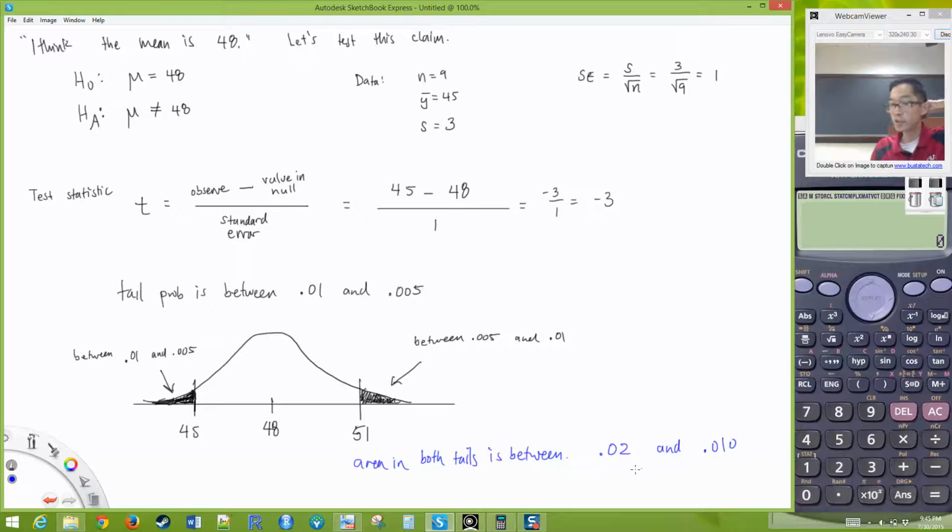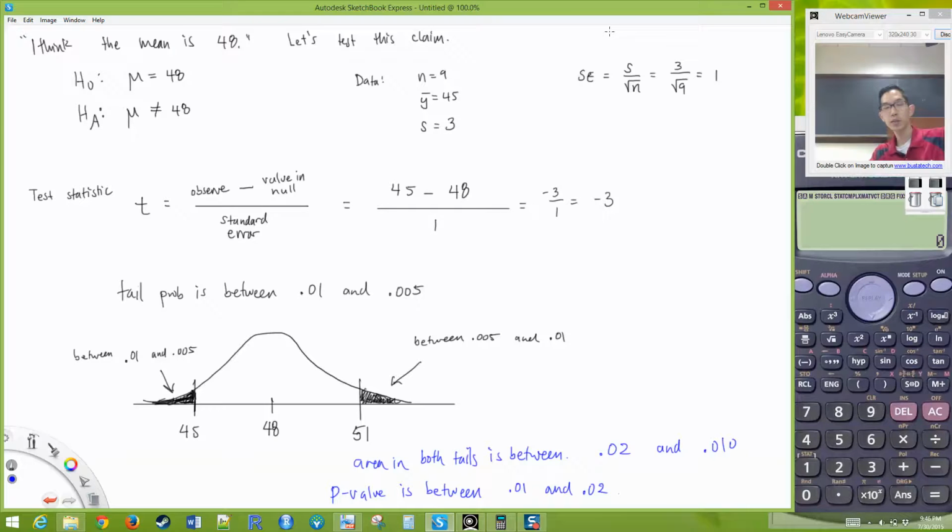And this is my p-value. I'm going to say my p-value is between, I'm going to change the order so it's least to greatest, 0.01 and 0.02. That's what I'm saying.